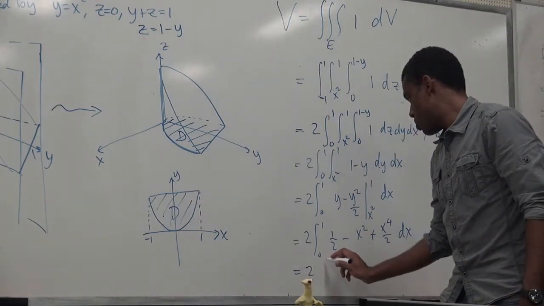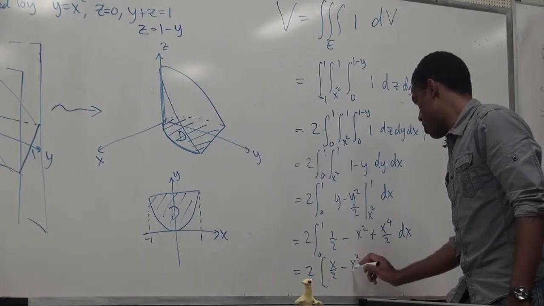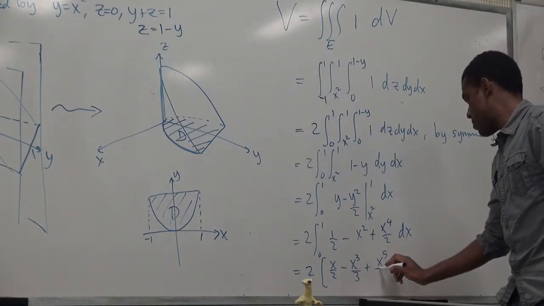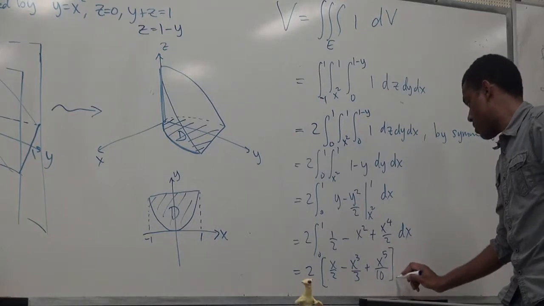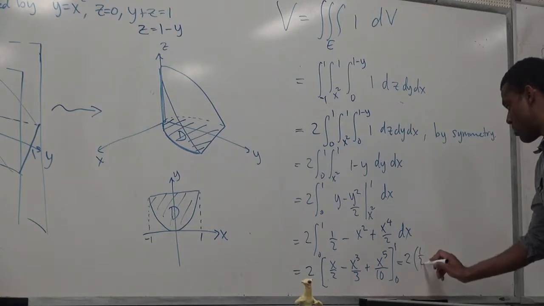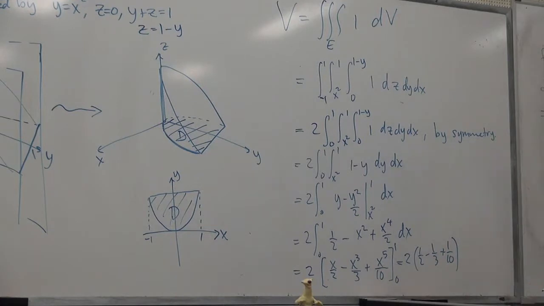So then this is 2 times x over 2 minus x cubed over 3 plus x to the 5th over 10, from 0 to 1. That's just going to be 2 times a half minus a third plus a tenth. Which is what? What did you say? 4 over 15.